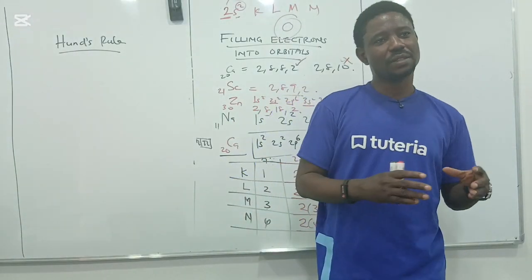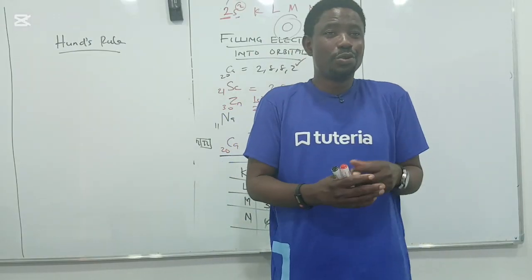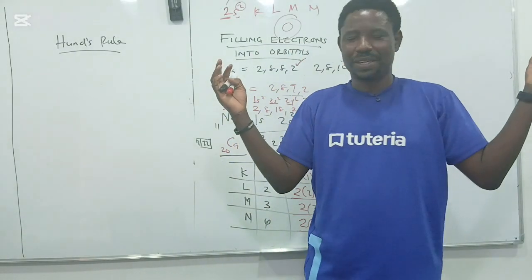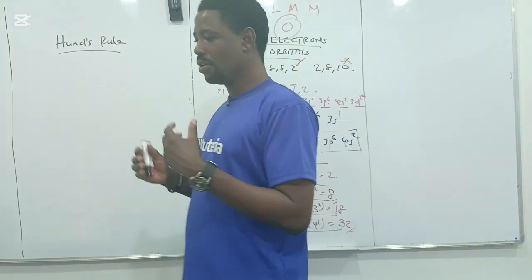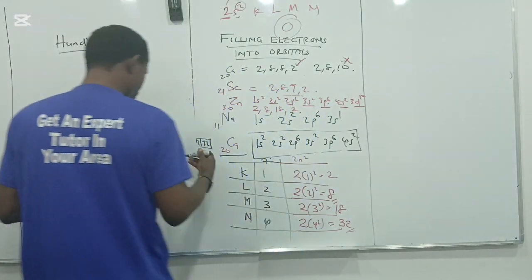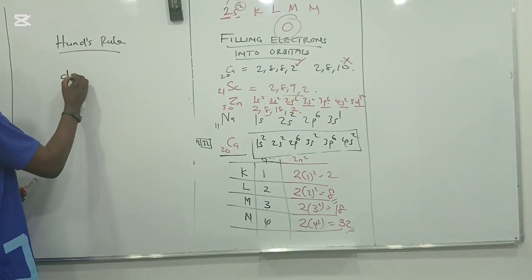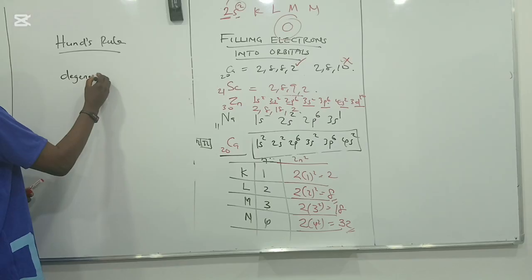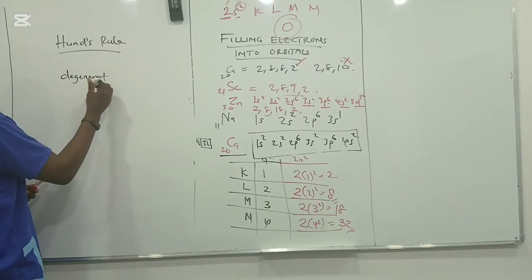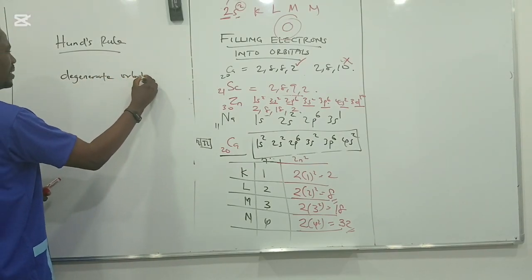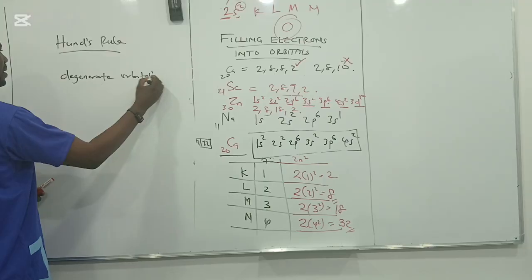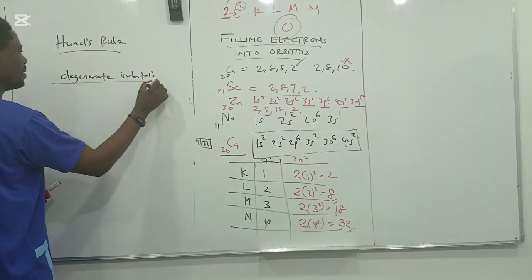Now, Hund's rule says that when filling electrons into degenerate orbitals, I have to state that again, when filling electrons into degenerate orbitals. You may want to ask me, what are degenerate orbitals? It means orbitals of the same energy level.